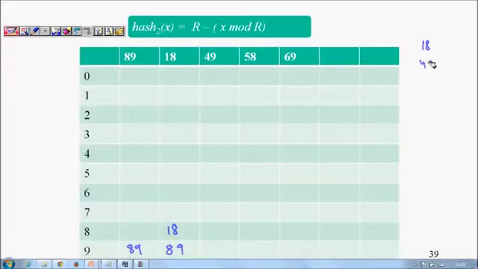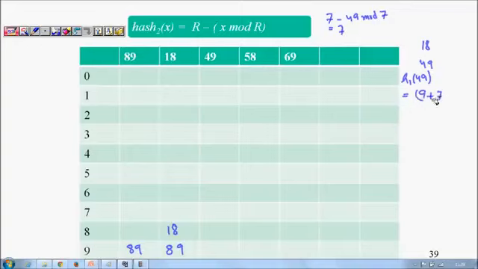Next, 49 comes. 49 modulo 10 is 9 and there is already an element 89 here, so we will try h1(49), which will be 9 plus f(1). I need to calculate hash2(49), which is 7 minus (49 mod 7), so 7 minus 0, which is 7.